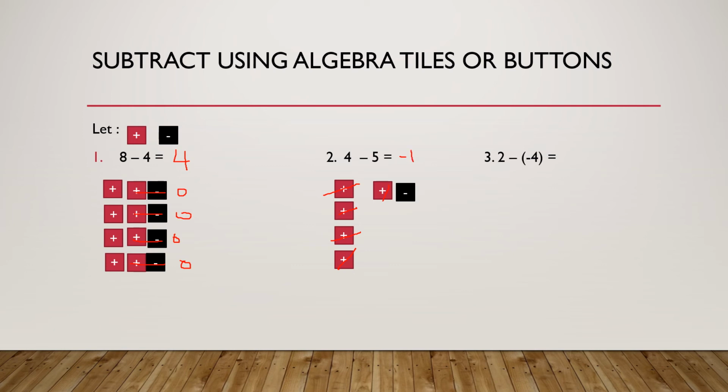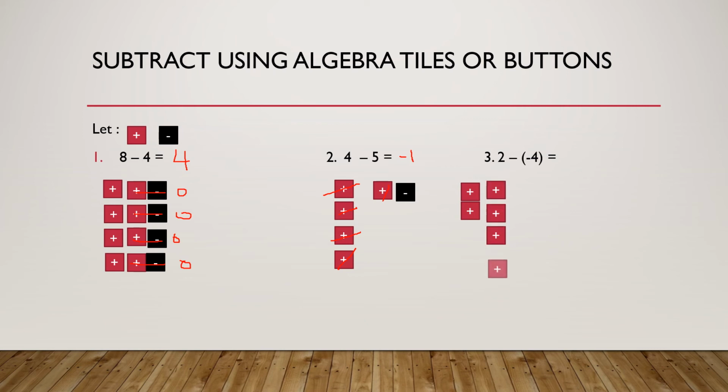Next. We have 2 minus negative 4. We add 2 positive tiles and then add 4 zero pairs.